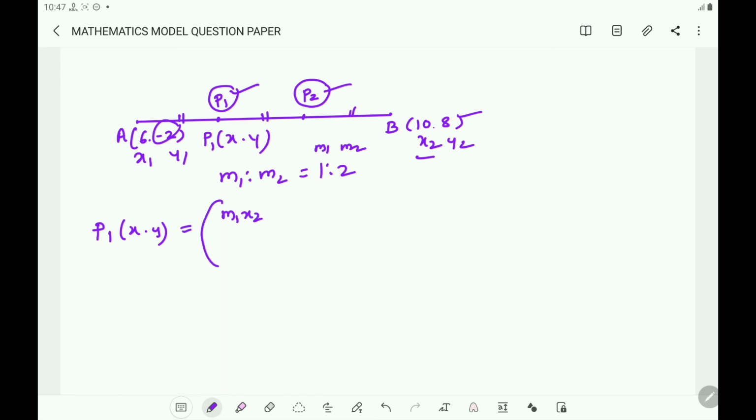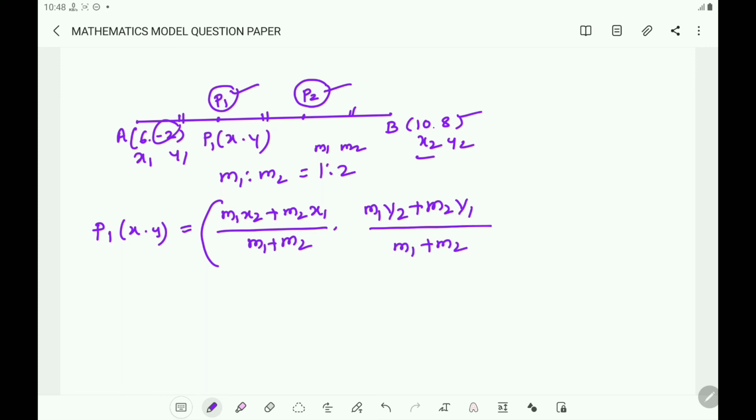(m1 x2 plus m2 x1) whole divided by (m1 plus m2), and (m1 y2 plus m2 y1) whole divided by (m1 plus m2).